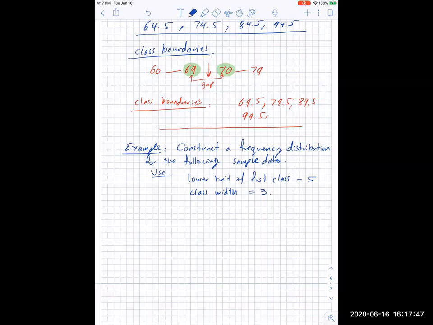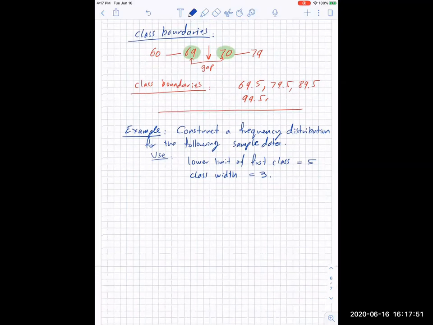So it gives you guidelines. The example is telling you to construct a frequency distribution with these properties. We want the class width to be 3, and we want to start the distribution with 5.